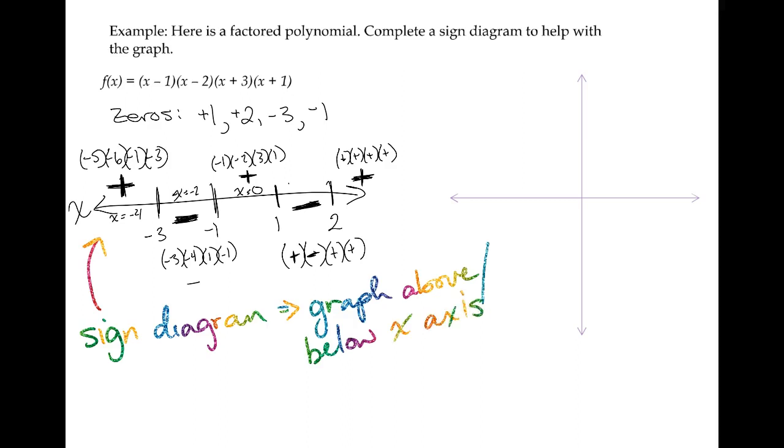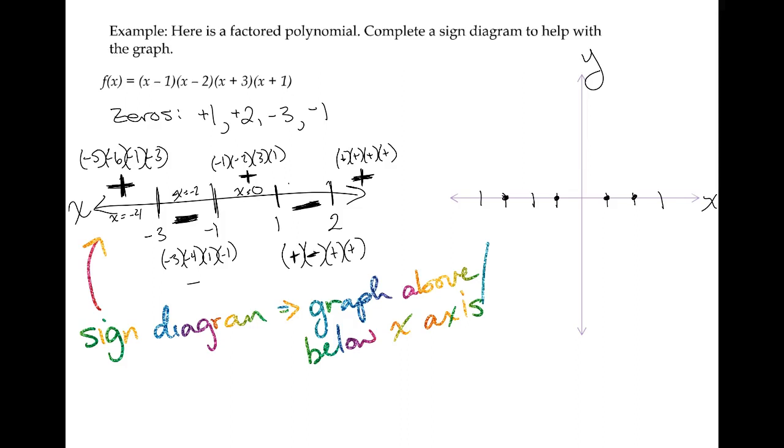So when I look at this, I see, okay, well, I need to, first of all, put my information in here. Label these. I'm not going to put values on my y-axis because I don't actually have any coordinates. But I know my zeros are at positive 1, positive 2, negative 1, and negative 3. So I know that those points are defined.